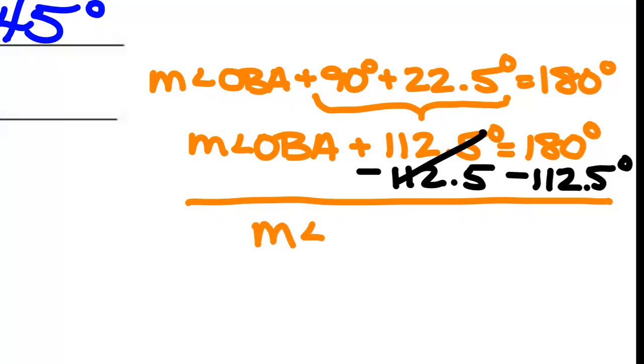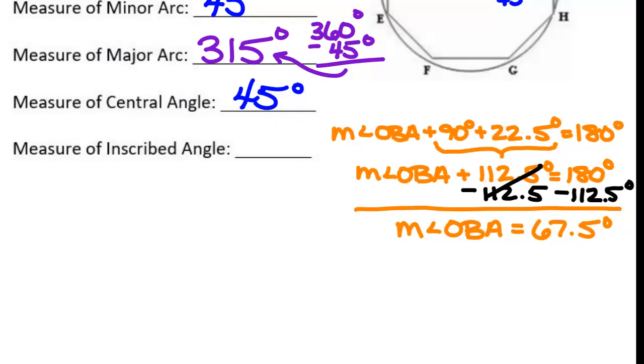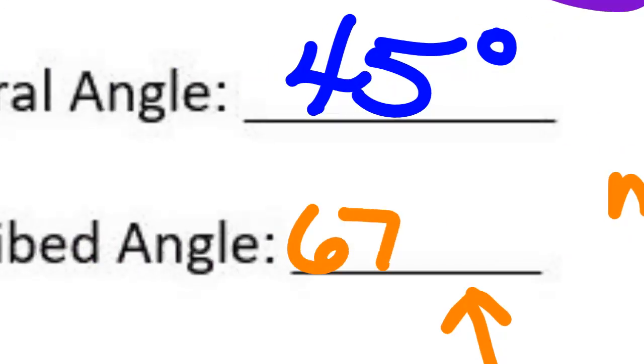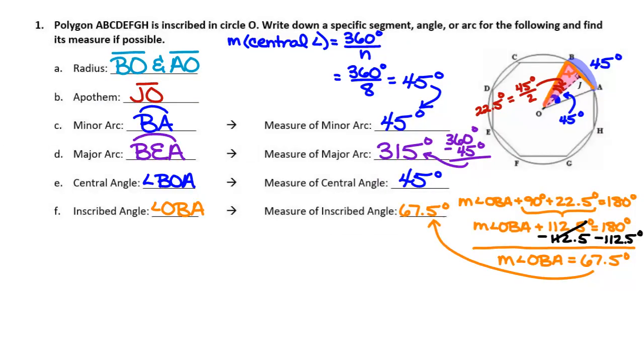Yes, the measurement of angle OBA is 67.5 degrees. Nicely done. All right. Let's spend our last 14 minutes finding the perimeter and the area of some regular polygons.